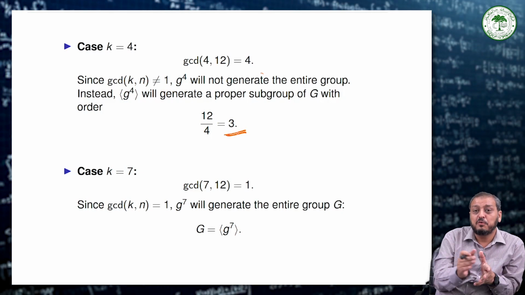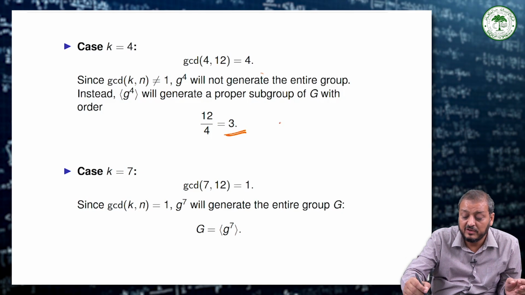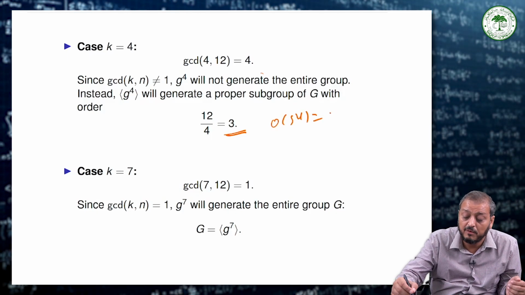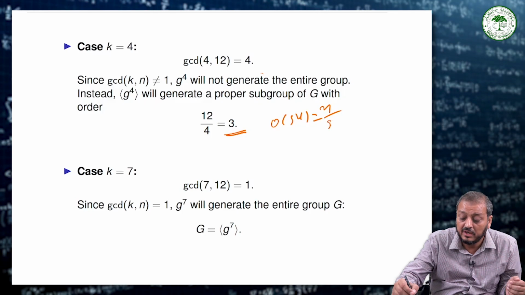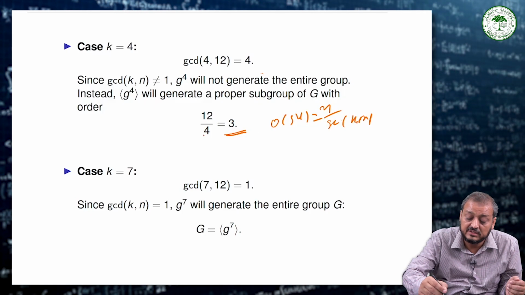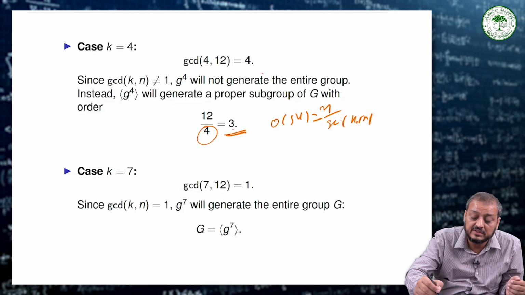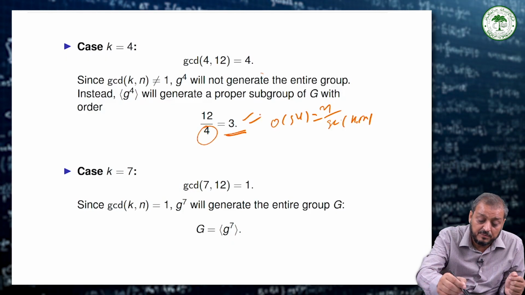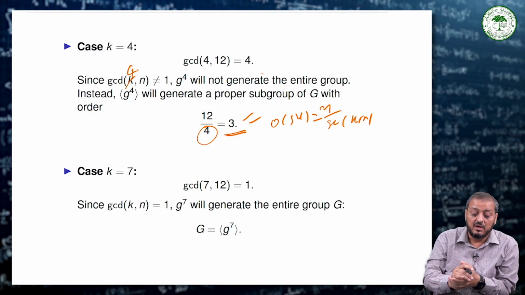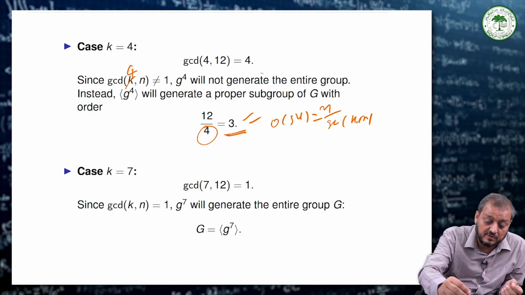Because the order of g to the power k is n divided by GCD of k and n, that is 12 divided by 4, which is equal to 3. So, not a problem here, we just leave it as it is.